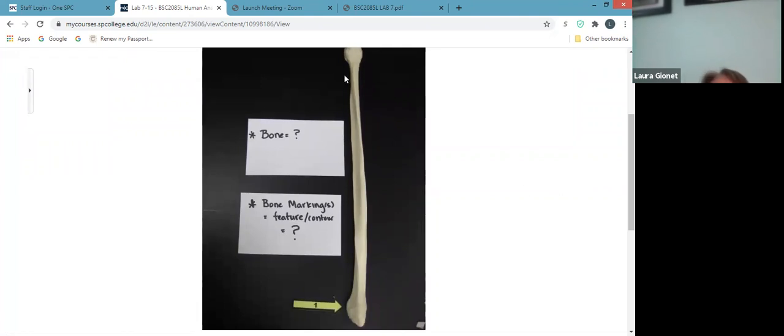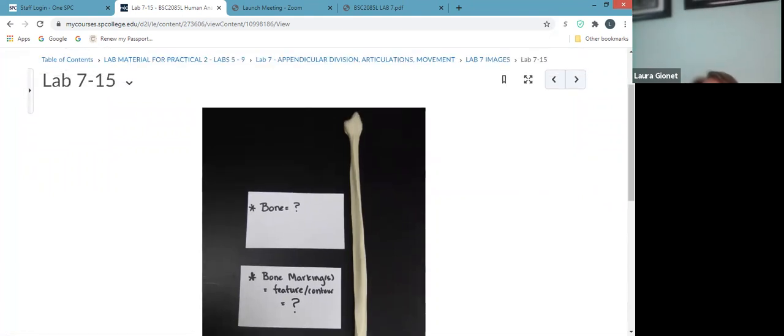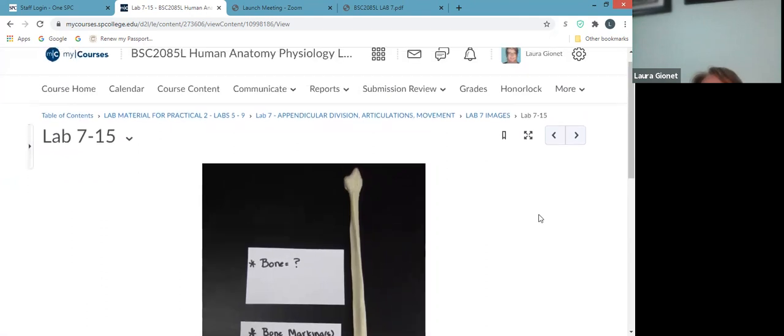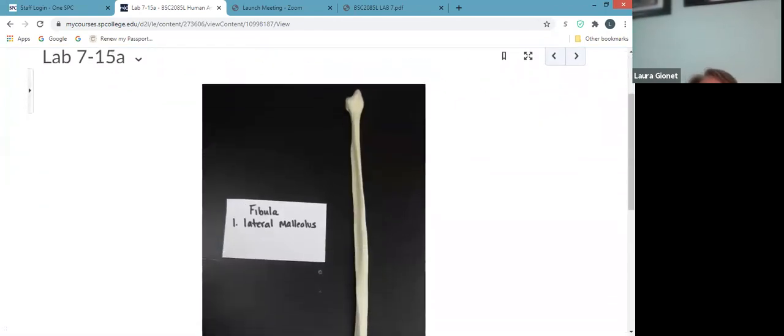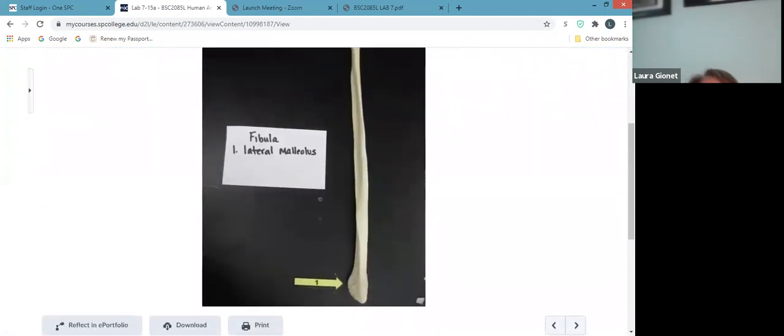So the whole bone is the fibula, and this pointier end to it is the lateral malleolus, because the fibula is on the lateral aspect of the lower extremity. So you got fibula, lateral malleolus.